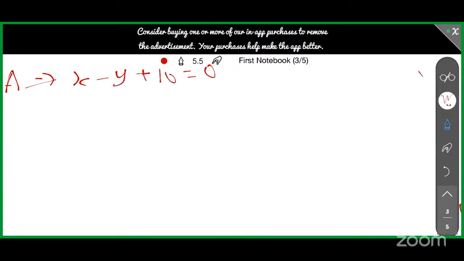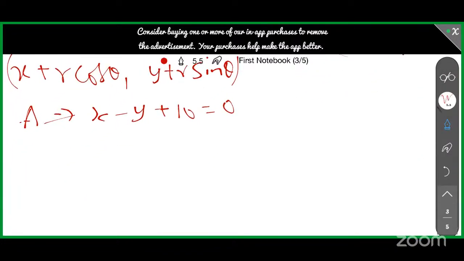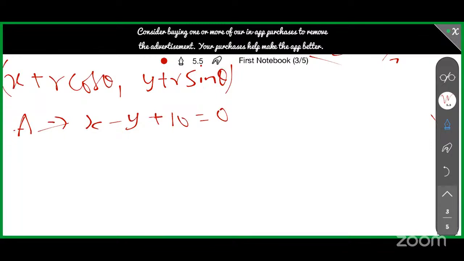Now we have cleared the screen. My point A is on the line x minus y plus 10 is equal to 0, and point A (x, y) is written in the form of OA cos theta, comma, OA sin theta.